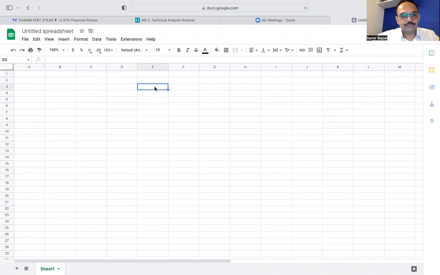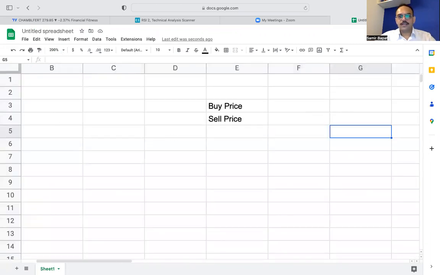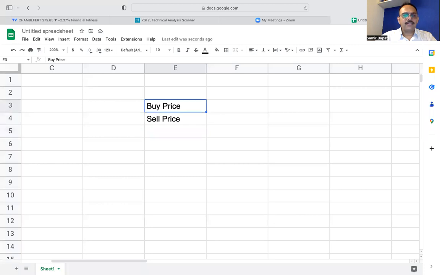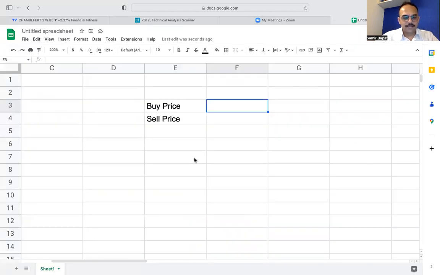Okay, pay attention to this. This is very important. Now, buy price and sell price. I'll expand this to 200% so that it's clearly visible. Now the buy price is 288 and the sell price is 274.